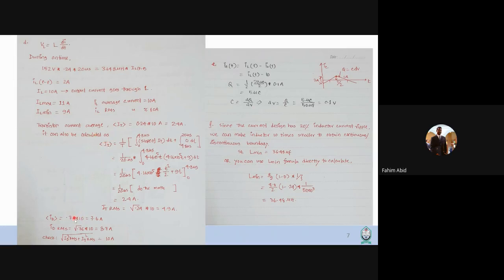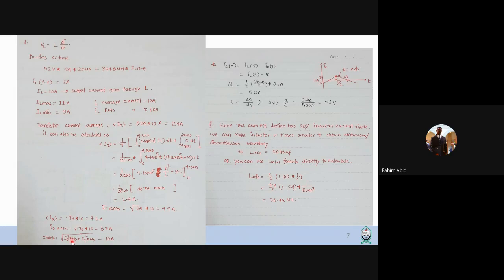So for the diode, you have to multiply by the duty cycle during the off period. That means 1 minus D, which is 0.76, multiplied by 10. This is the average diode current, and your RMS current is root of 0.76 multiplied by 10, which is 8.7 amp. This is just for a check.